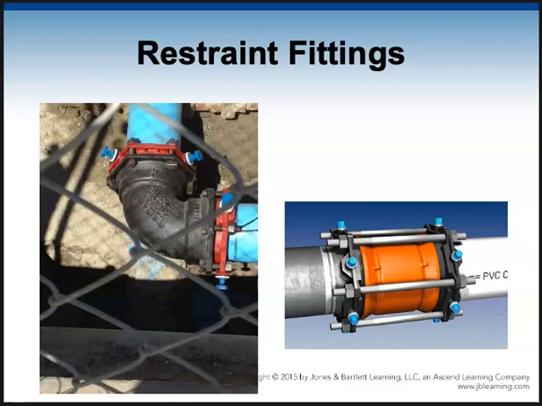But as you can see in this 90 degree and also in this union between a PVC pipe and some kind of ductile iron or maybe even aluminum pipe, I'm not sure, they chose to use restraint fittings. More expensive, but actually kind of more effective, but more often they're going to use thrust blocks.